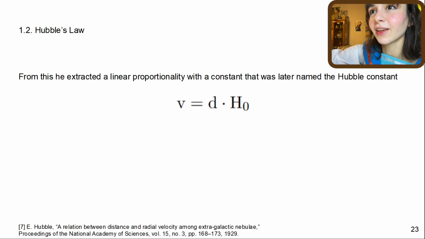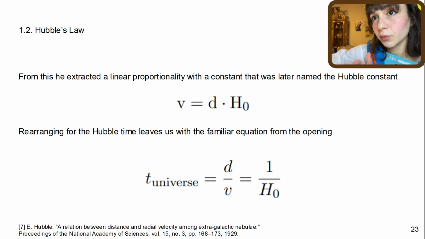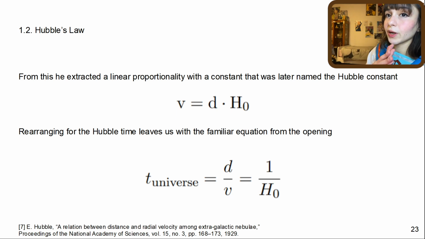And then the equation that we actually see in the opening is a little bit of a reformulation of this equation, where you extract what is known as the Hubble time, which is the apparent time of the universe, just by looking at this expansion equation by Hubble. And this is just by rearranging, distance over velocity is time, and that would be 1 over Hubble constant.